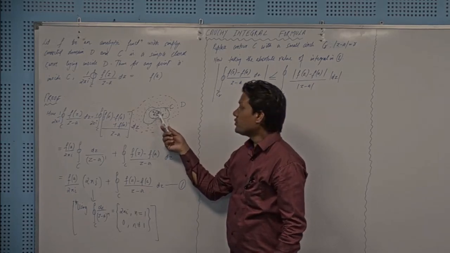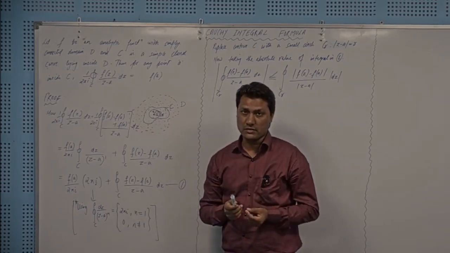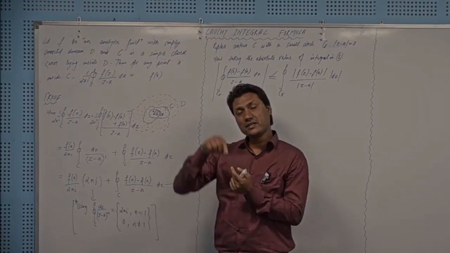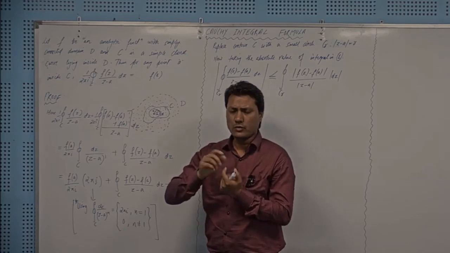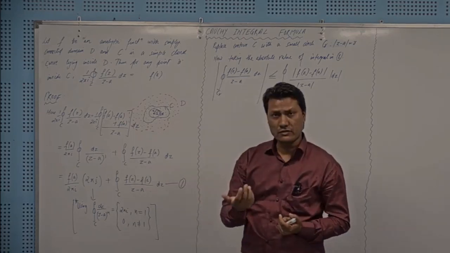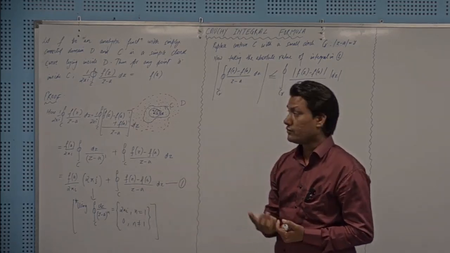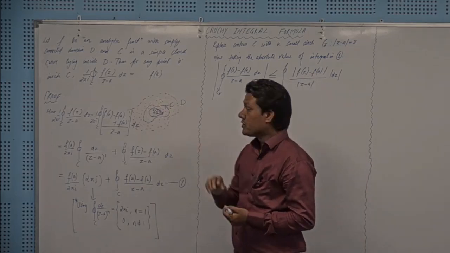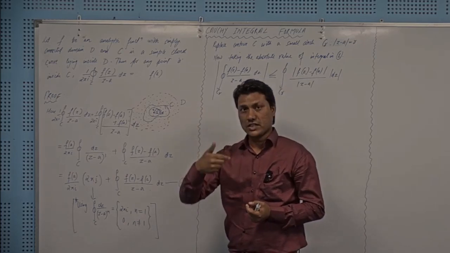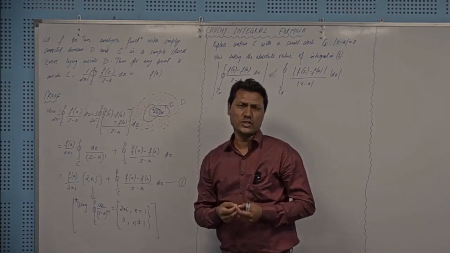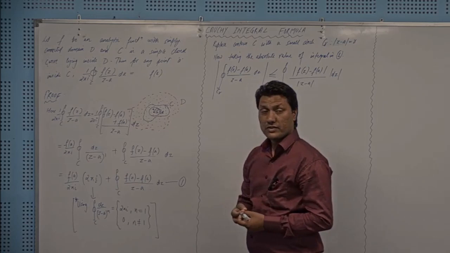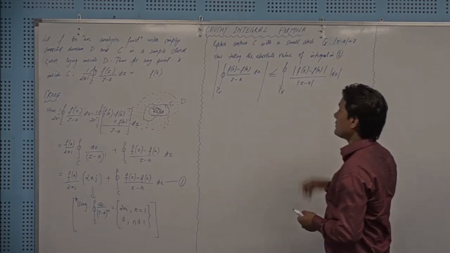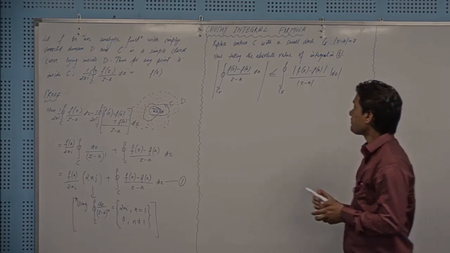So when r is sufficiently small, the value of the function at the boundary point of that circle will be almost equal to the value of the function at the center point. If you imagine that situation, the circle is very small, so the value of the function at the circumference will be almost equal to the value at the center, provided you choose this radius sufficiently small.